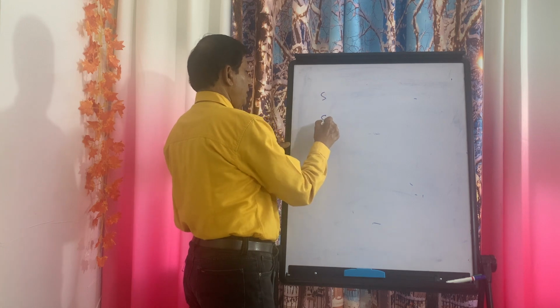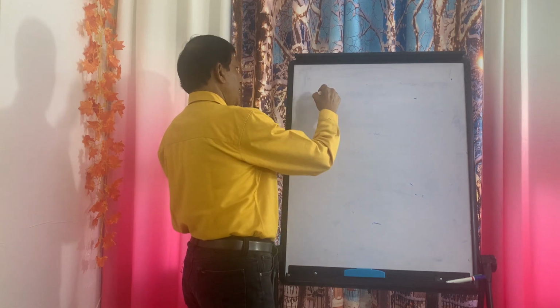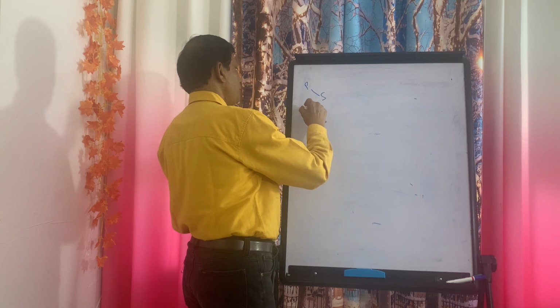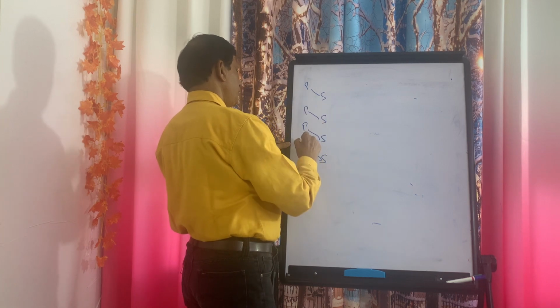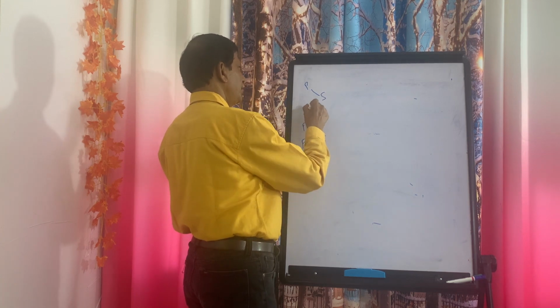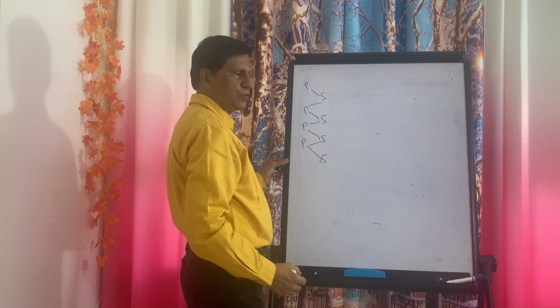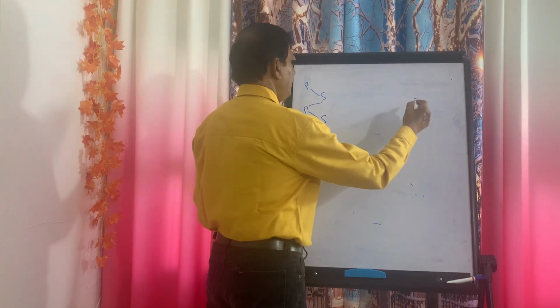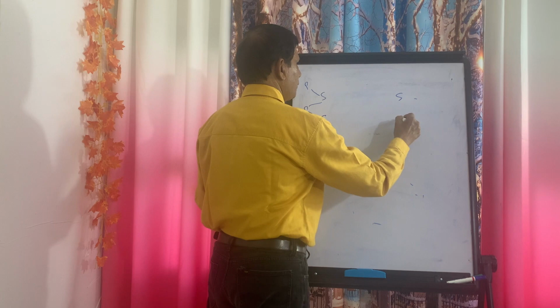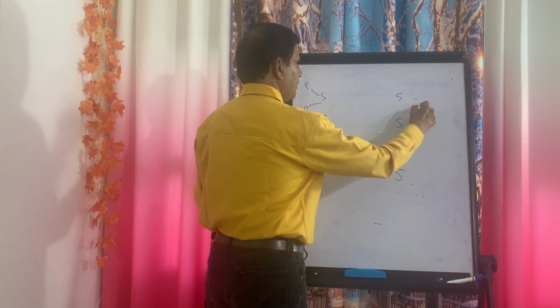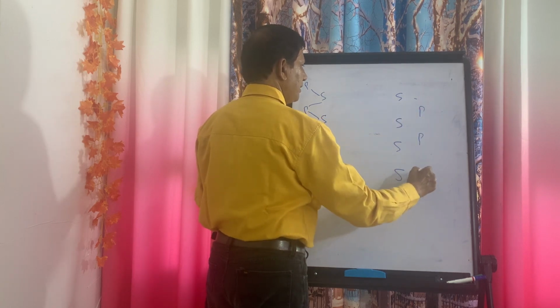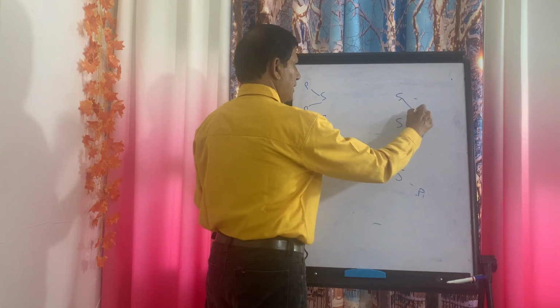Sugar, sugar, sugar, sugar. Now you see, this is phosphate, this is phosphate, this is phosphate, and again they are connected. So this is one. On the other side, this is sugar, sugar, sugar, sugar. The phosphate is present like this. This is connected like this.